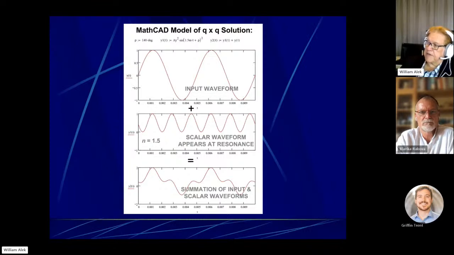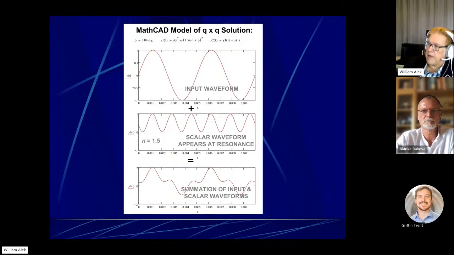And the scalar waveform on the output is up there at the top. That's my sine squared term. When these two waves are added, you see that funny shape there at the bottom, the summation of the input and scalar waveforms. This is what you actually see on your scope.